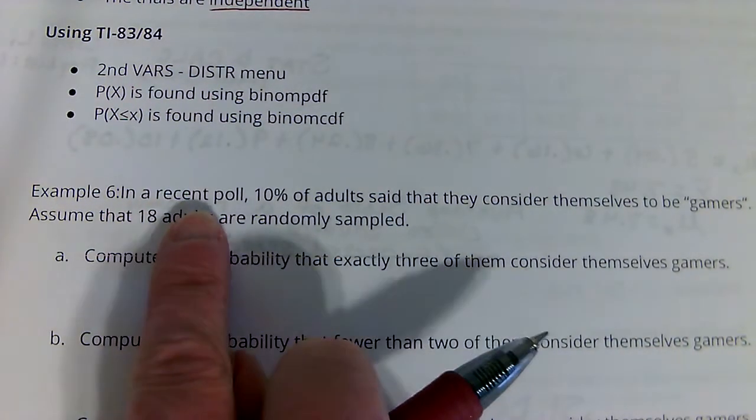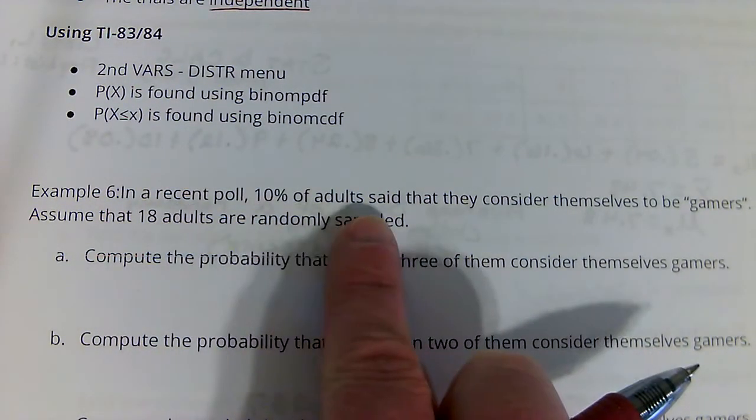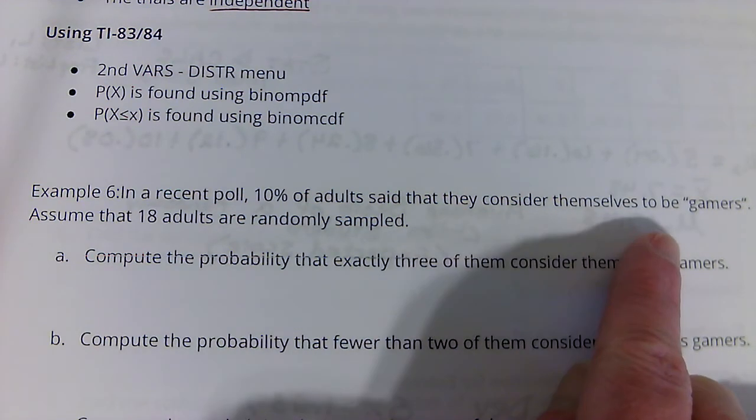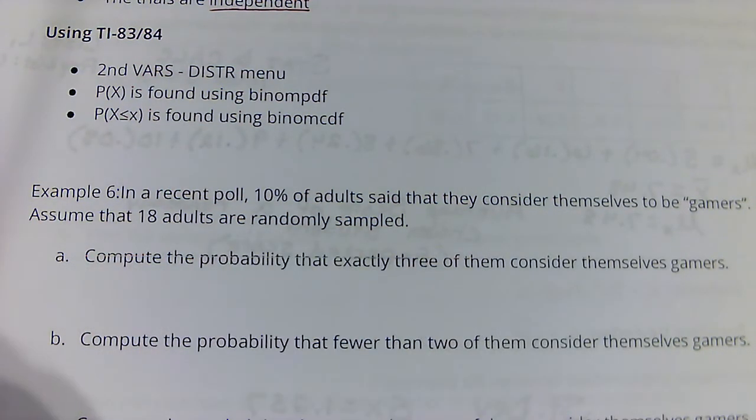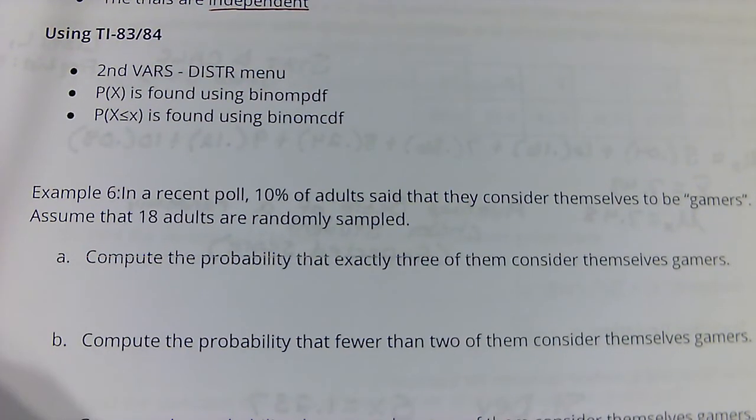So, in a recent poll, 10% of adults said that they consider themselves to be gamers. Assume that 18 adults are randomly sampled. So, it's a fixed number, and they're either saying they are or they aren't. And that's what we've got.